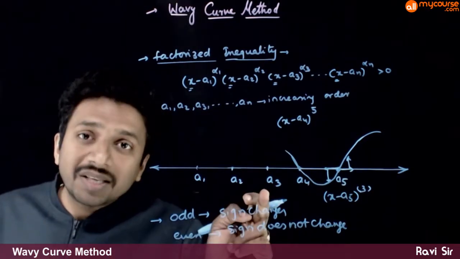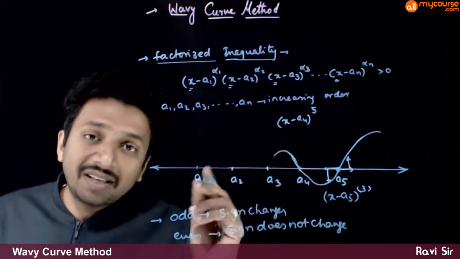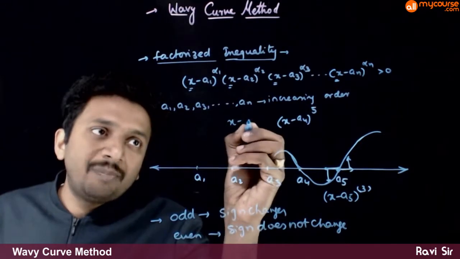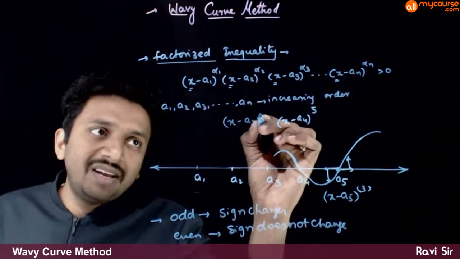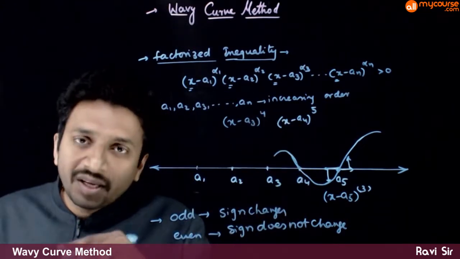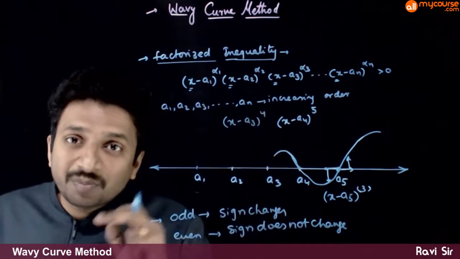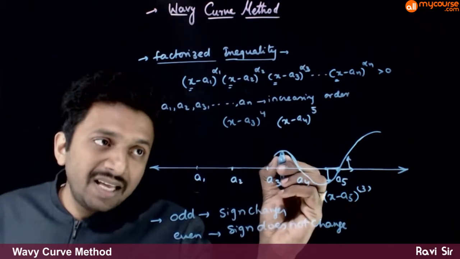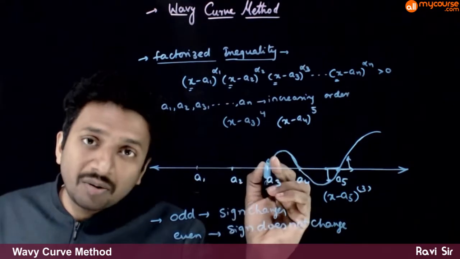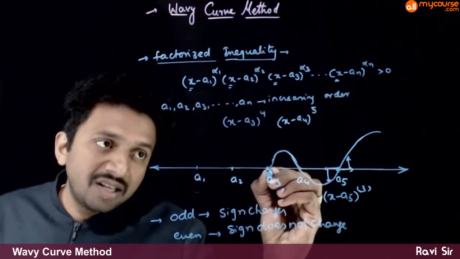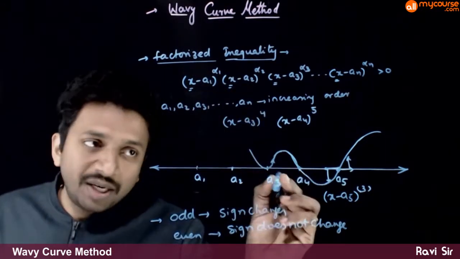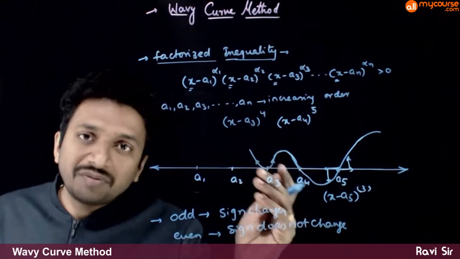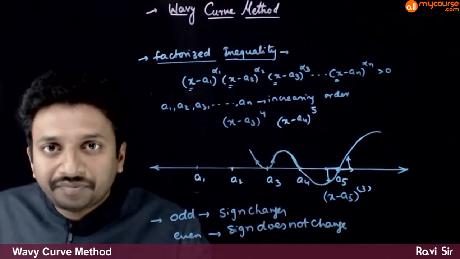Now to see what is happening at A3, you need to check the power of x minus A3. Suppose x minus A3 has a power of 4. That means the power is even, and the sign of the curve does not change around A3. That means the curve goes like this: positive on the right side of A3, and positive on the left side of A3 also.